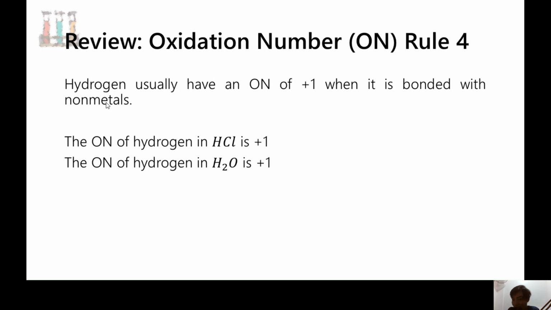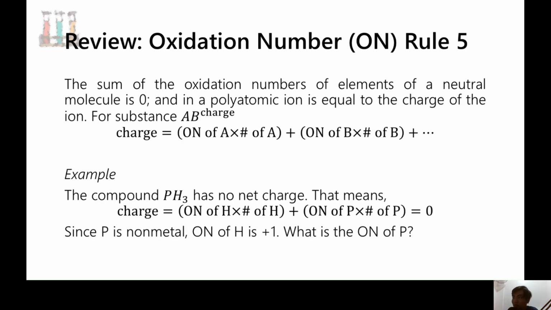Non-metal si hydrogen, di ba? So again, when hydrogen is paired with non-metals, it is positive 1 in charge. If it is paired with metals, edi negative 1. Okay, so balimbing siya, no? Kaya nga impostor siya. Okay, may fake task siya.